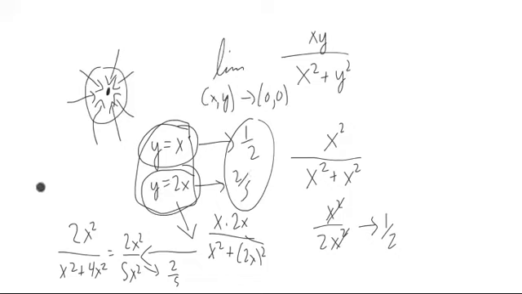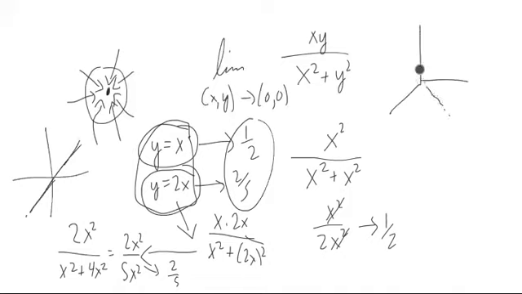Let's just think about that here for a second. If we're looking at the line y equals x, and we travel on this line, the z values are getting close to a particular height. Maybe we have a picture like this.